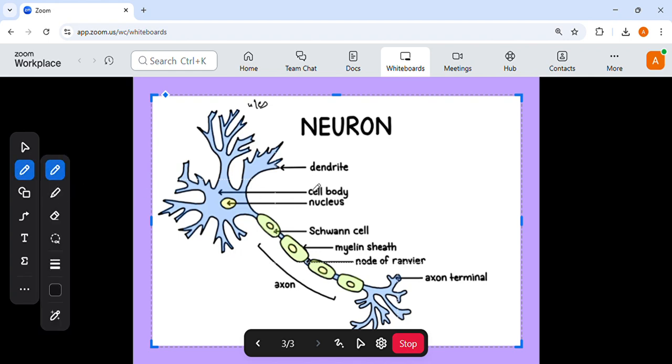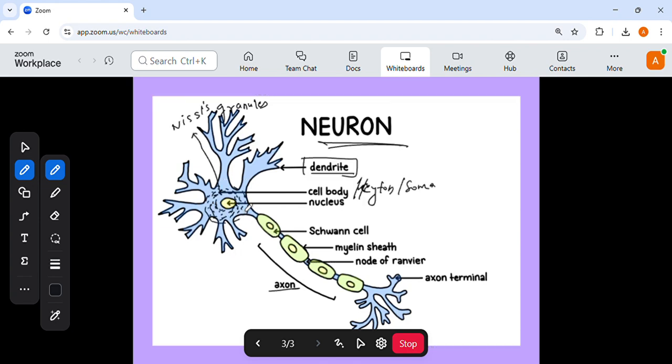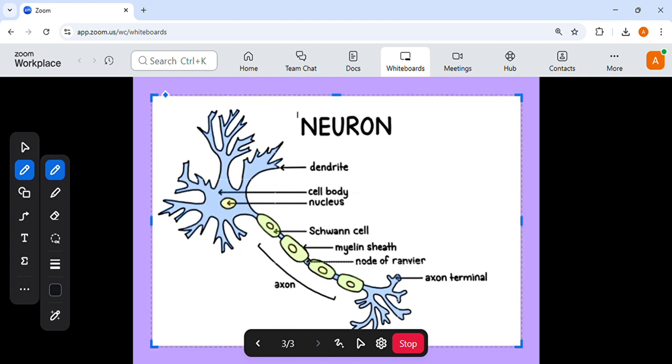They are composed of RER and ribosomes. They have rough endoplasmic reticulum and ribosomes. Rough endoplasmic reticulum, we know, does protein synthesis. So Nissl granules help in synthesis of protein.